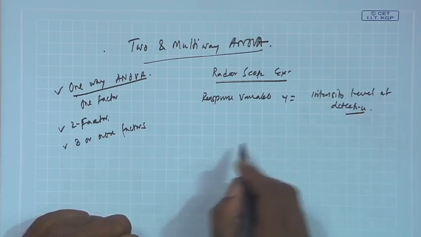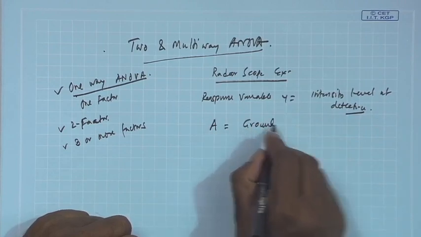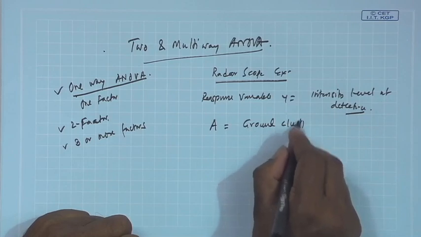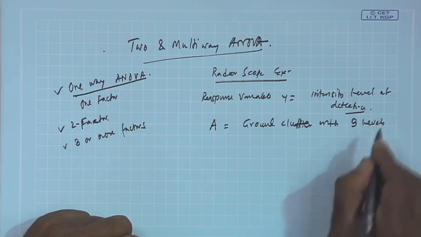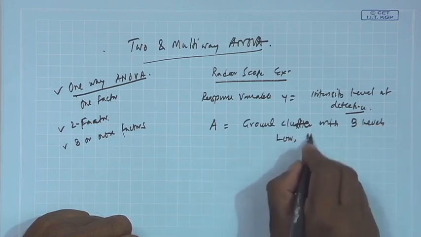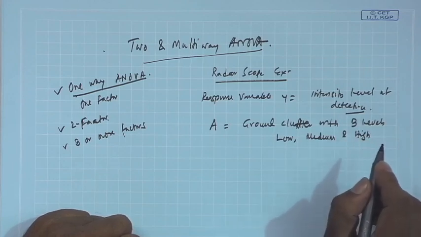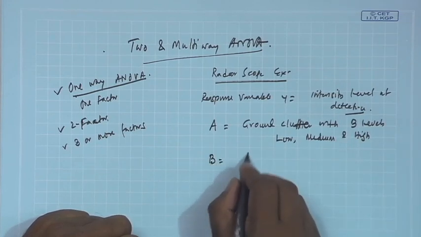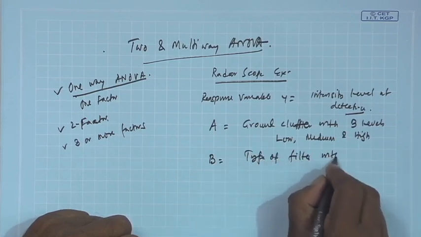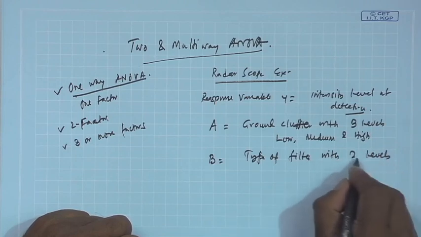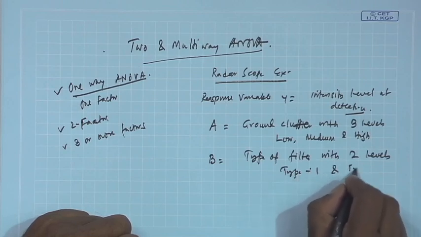And if you recall, one factor A is ground clutter with three levels: low, medium and high, and type of filter B with two levels, filter type 1 and filter type 2.